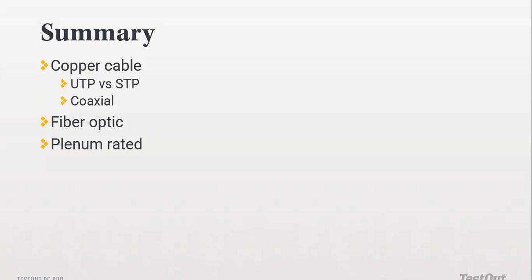It is a cable that is rated to be able to run around the ceiling areas or ventilation vents of buildings, so much so that if there is fire and the fire expands to where these cables are, it is not going to burn easily. And if it ends up burning, it's not going to send off toxic smoke that is going to go through the ventilations and disperse all through the building and suffocate people. So when a cable is plenum rated, it means that it is safe to use in the plenum area of a building.